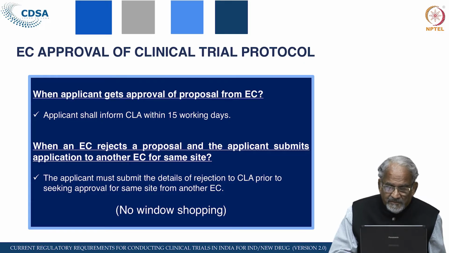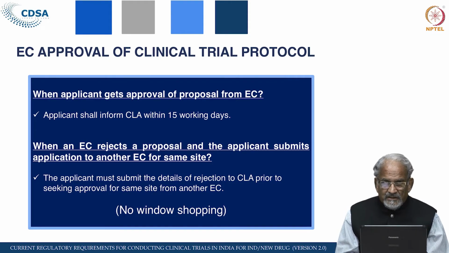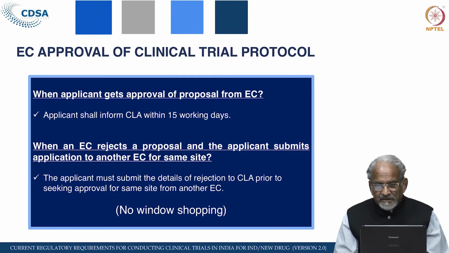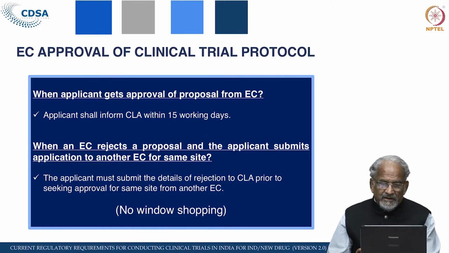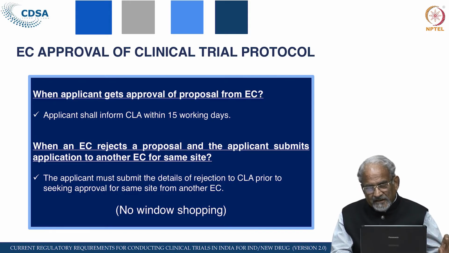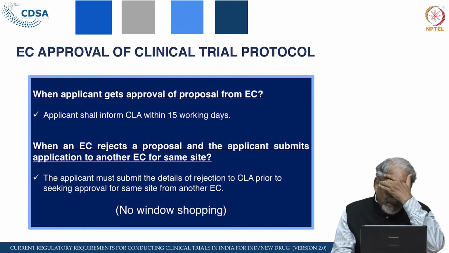When an ethics committee rejects a proposal and the applicant submits the application to another EC, which happens, that I have submitted a proposal to one ethics committee, it rejects, and because of some reasons I submit it to another ethics committee, when you do so, you must submit the details of rejection to the central licensing authority, and that is primarily so that you do not do window shopping, thinking, let us try this ethics committee and it may get approved. So, when you approach other ethics committees, it is important that you give the reasons for the rejection.